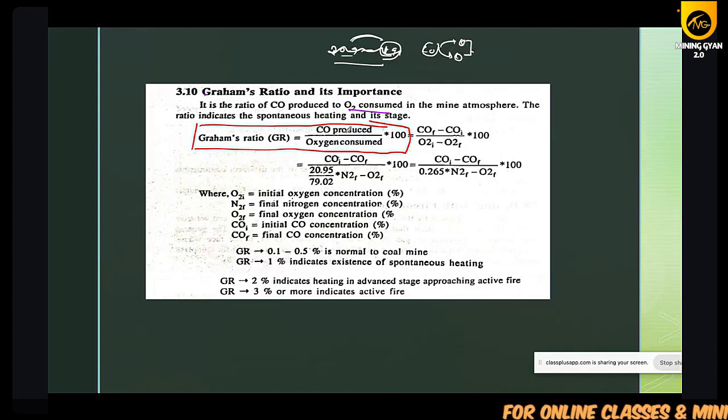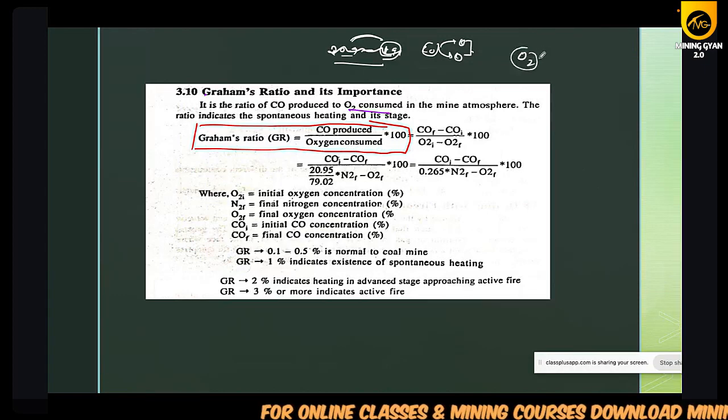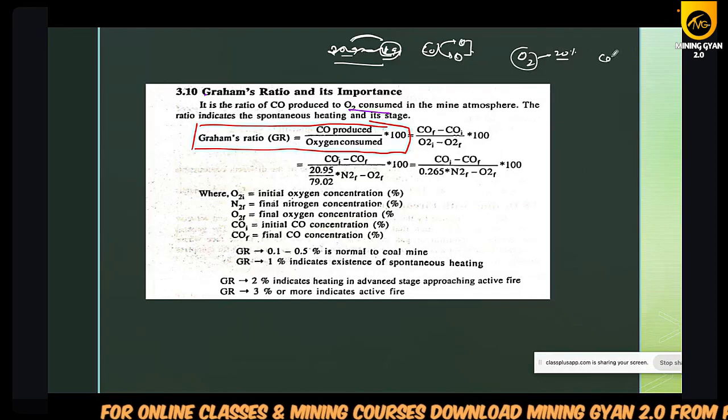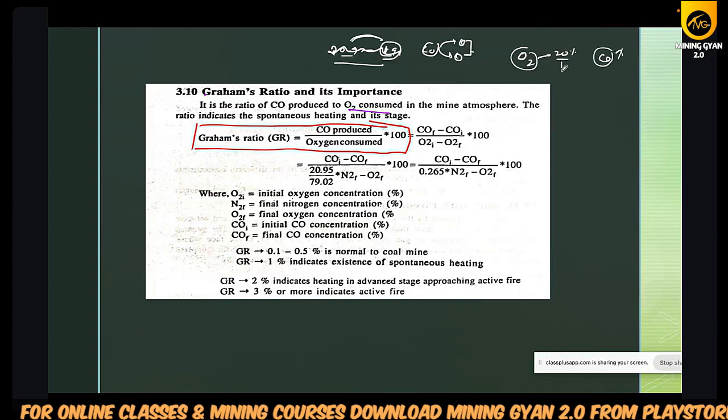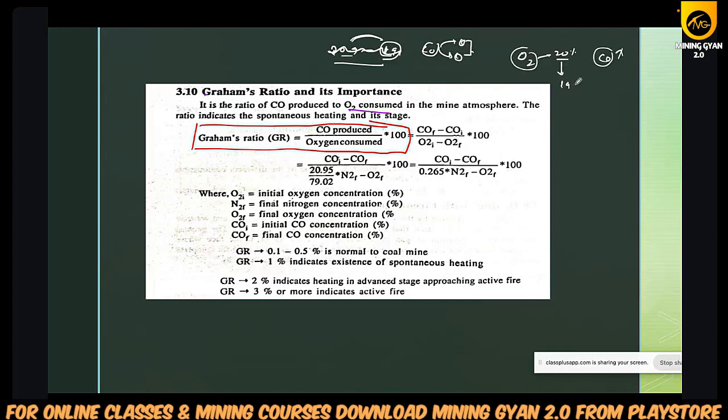So CO produced divided by oxygen consumed, right? So if you have, suppose, 20% oxygen, and if you are finding out CO percentage, if the oxygen percentage is down to 19%, you can say that the CO percentage is increasing. So we are saying that if the percentage of the CO is suppose 0.03 and now 0.07 or 8, so this is an increase.